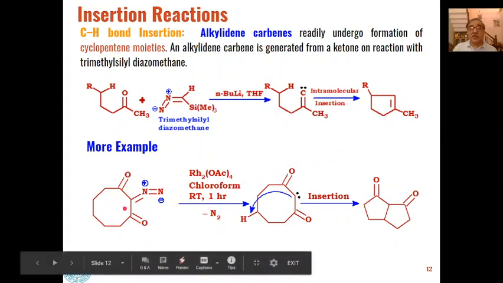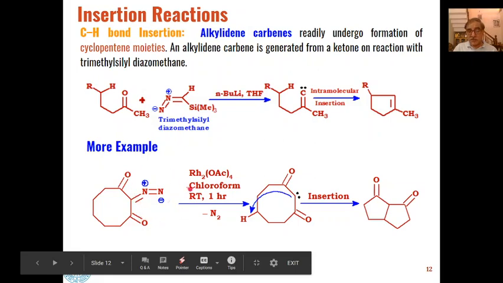One more example, this type of 1,3-diketone diazo compound, which is 8-membered cycloocta 1,3-diketone.